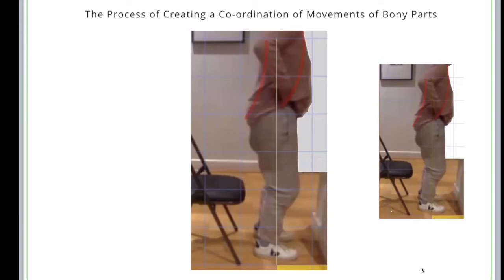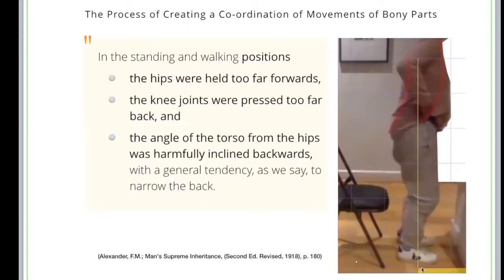This is the basis of the means whereby principle. It's also the basis of the doctrine of antagonistic actions. It's through the antagonistic actions, or absence of antagonistic action between the parts, that the position is assumed. So we have now a better starting point to understand what Alexander is saying here.